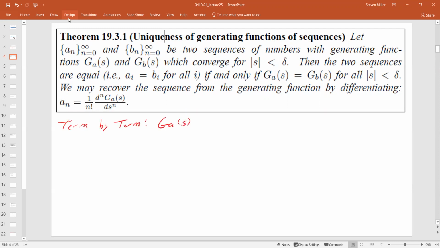So G_A of s is a_0 plus the sum from n equals 1 to infinity of a_n s^n, and that equals b_0 plus the sum from n equals 1 to infinity of b_n s^n. What can we deduce from this?